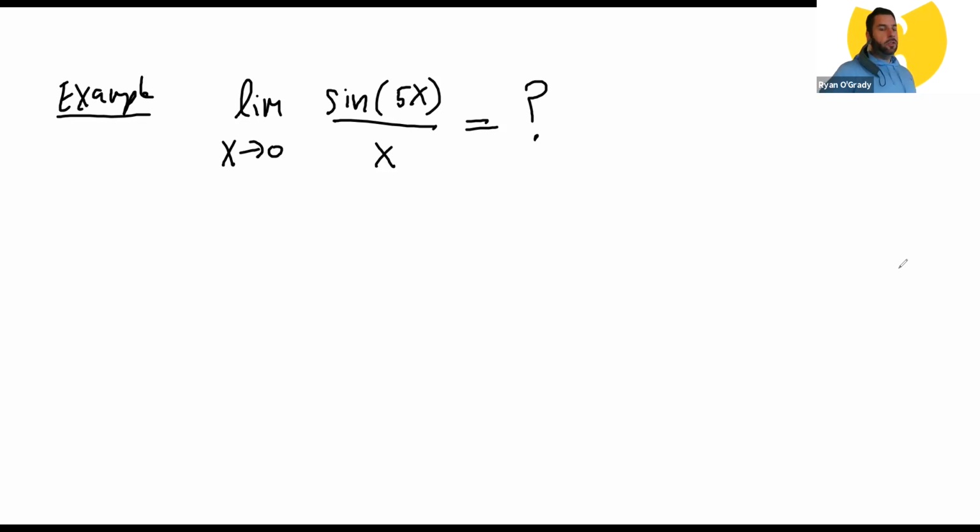Now this limit is not difficult to do using Calc 1 stuff. And you could do it that way. However, I'm using this as an illustration of how power series can be used.